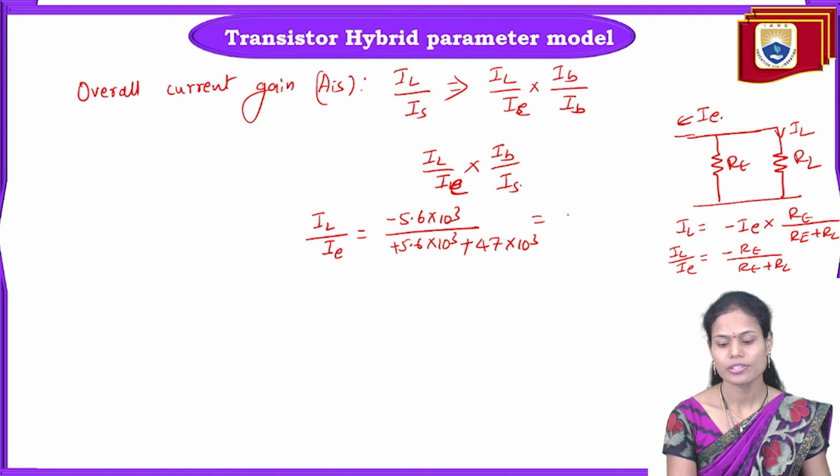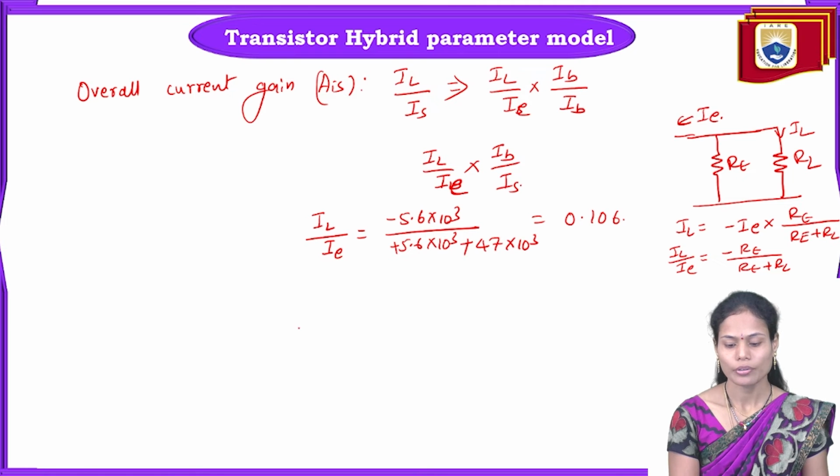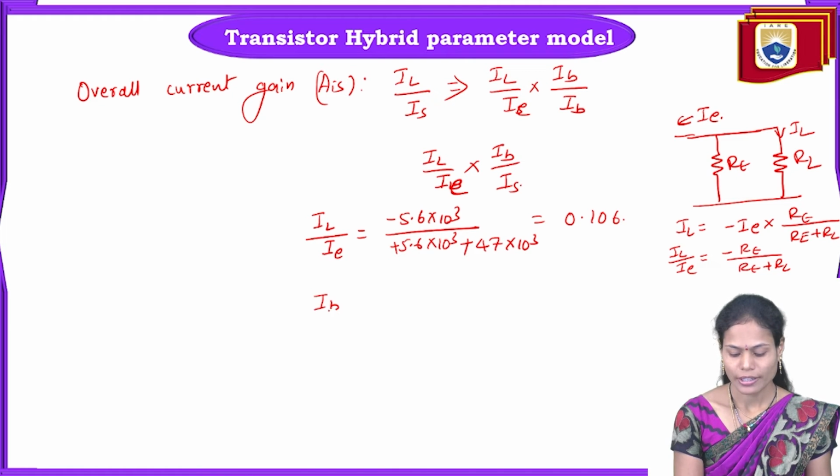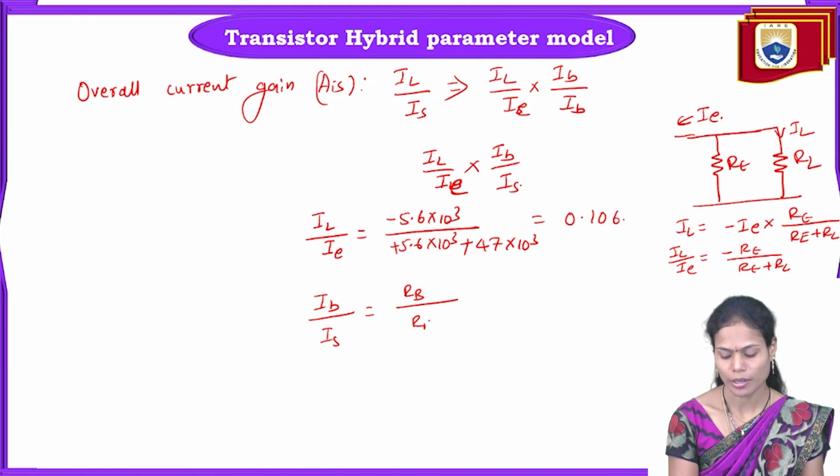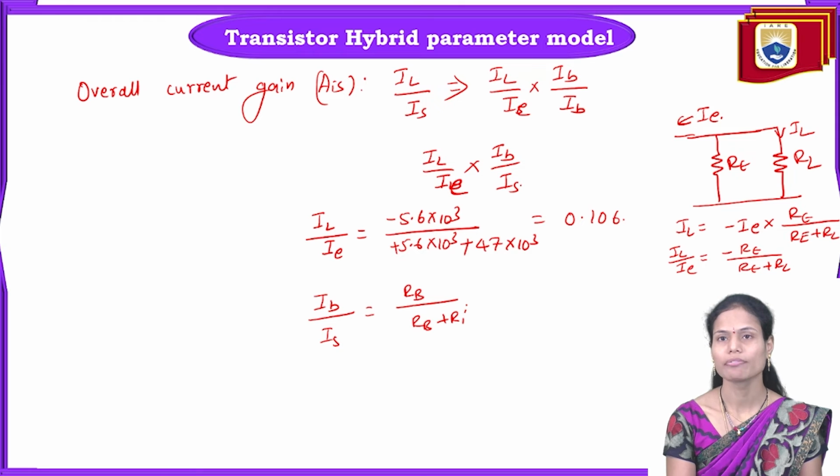If we calculate this, we will get 0.106. Next, if you find the IB by IS term, we will get it as RB by RB plus RA from the previous circuit.